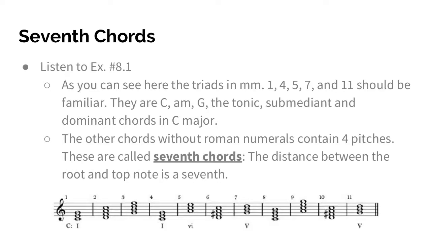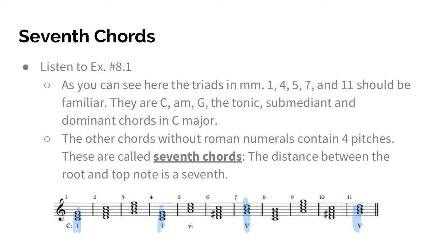So if you look at example 8.1, you can see that all the chords are laid out here. As you can see, here are our triads that we talked about in our last chapter.